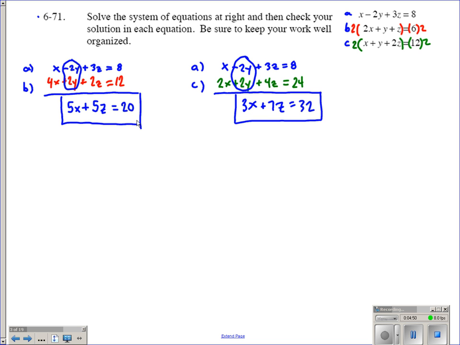If you do substitution, it looks like it would be easy to get x or z by itself there because everything is divisible by 5. So it's your choice. I'm an elimination guy, so that's what I'm going to continue doing. I'm going to eliminate my x's.